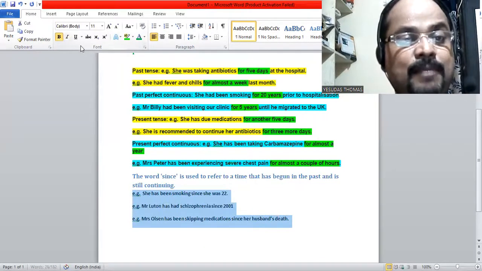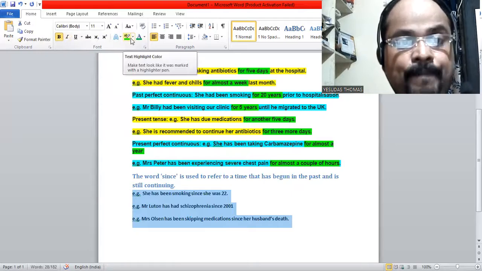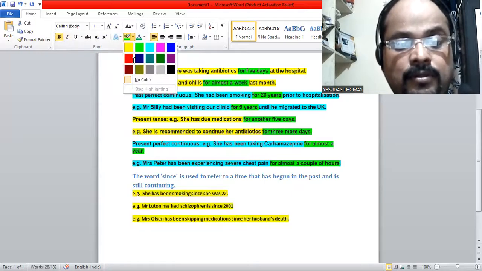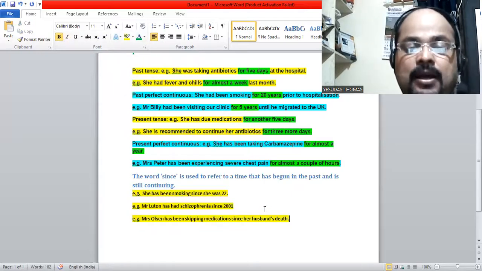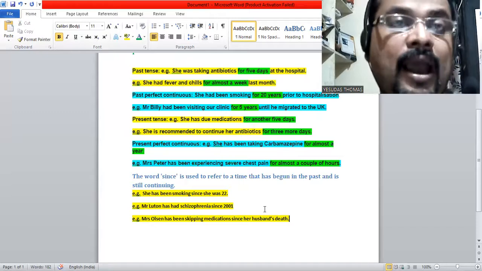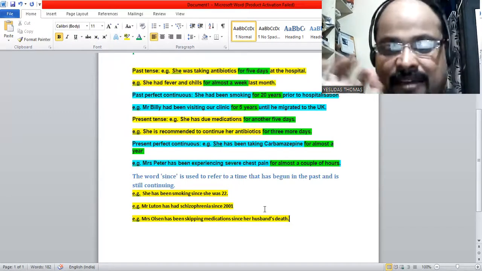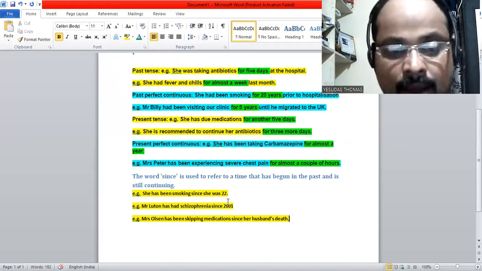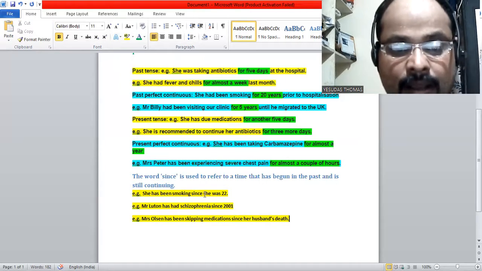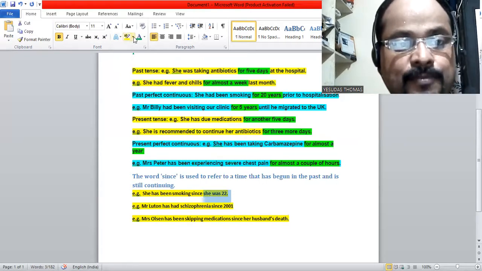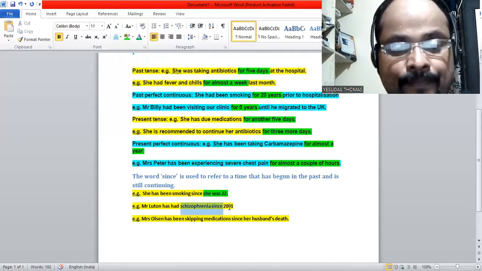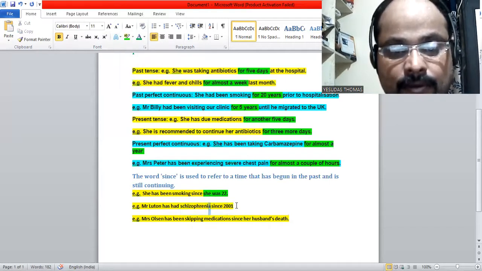We have 3 examples here with the usage of since. We have to use since with a specific time frame. Now I can underline those specific time frames in green.